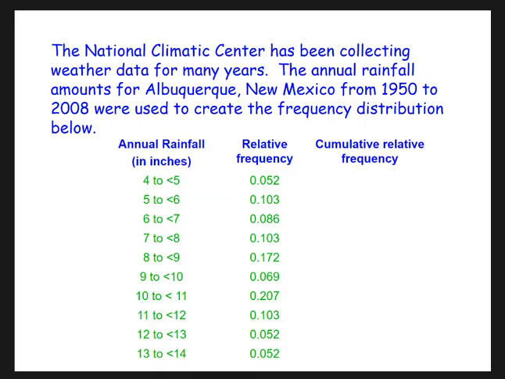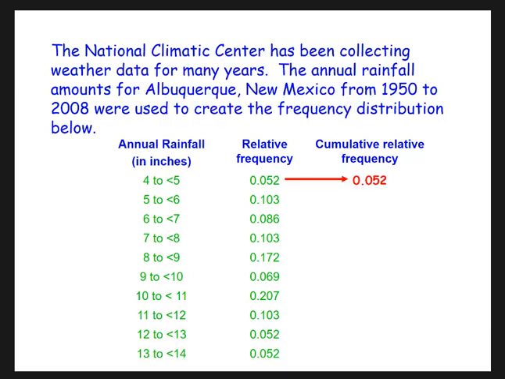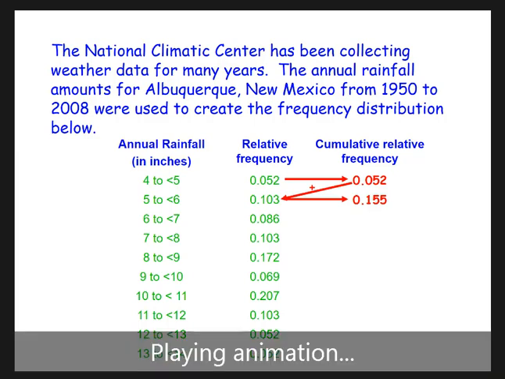So here's our relative frequency table. We're going to then add them up to get our cumulative relative frequencies. The cumulative relative frequency is always the same as the relative frequency for the first category. Then we add them up as we go down the table.